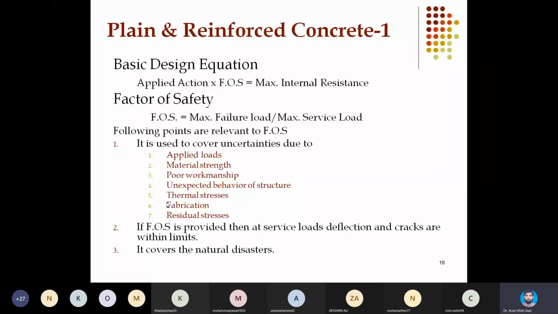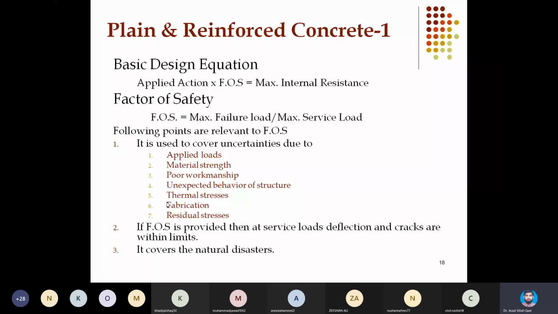This statement means that if you have incorporated a factor of safety and you have some reserve capacity, the benefit you will avail is that at service loads, serviceability requirements are met, which are that the deflection should be minimum, within limits, and crack width is not more than permissible.